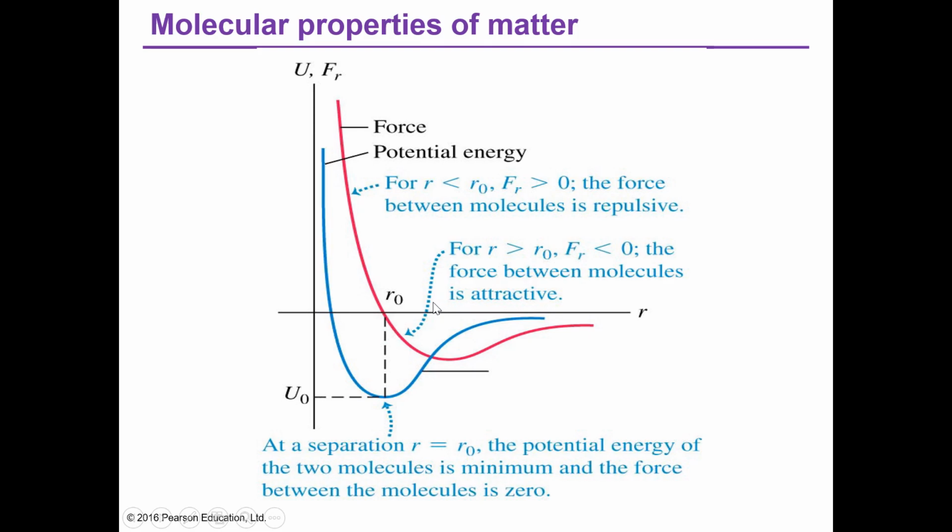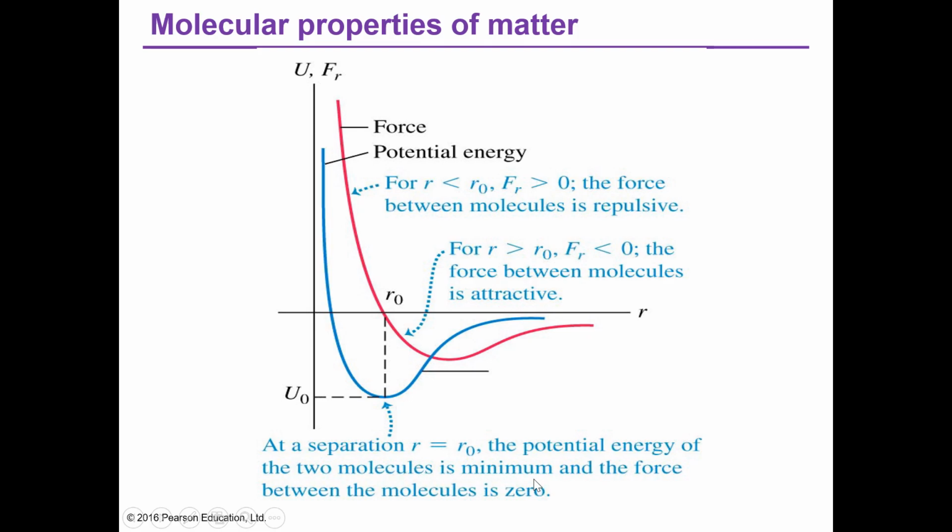But when r is greater than r naught, your force is negative, then the force between molecules is attractive. So we have this graph for force and separation distance r. For potential energy, we have this. At r equal to r naught, the force between molecules is equal to 0, and the potential energy of the two molecules is very small, or it is minimum.